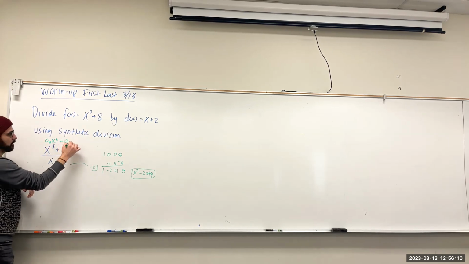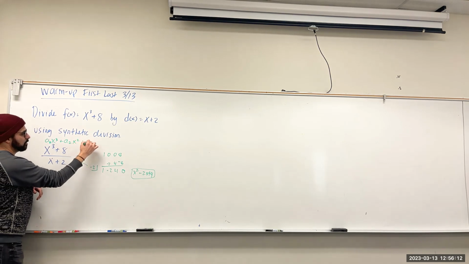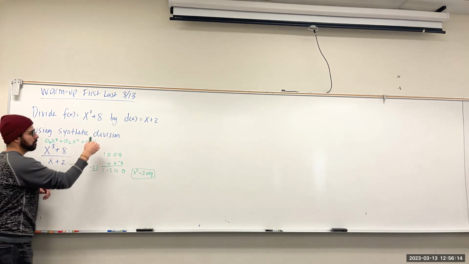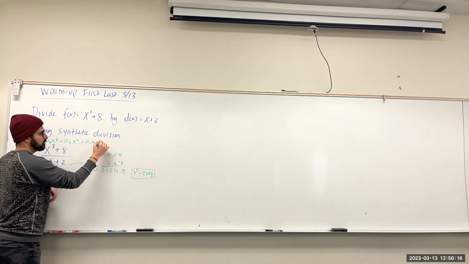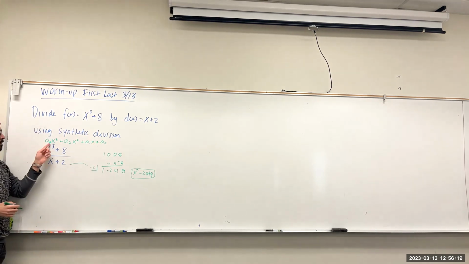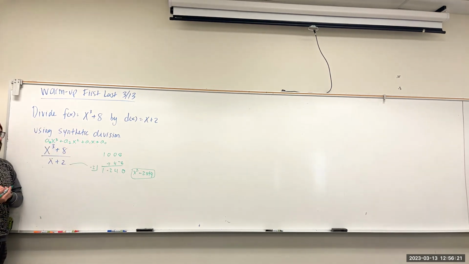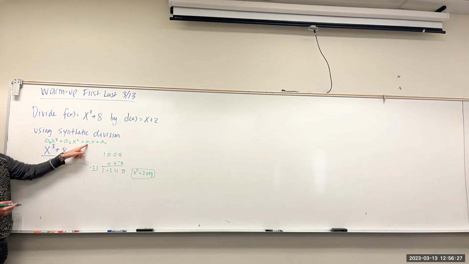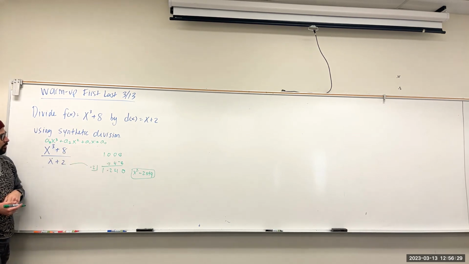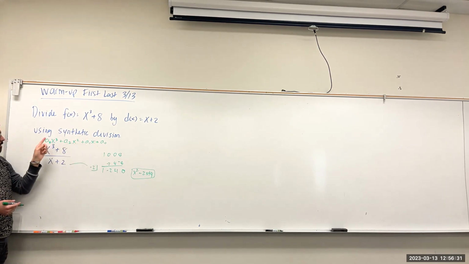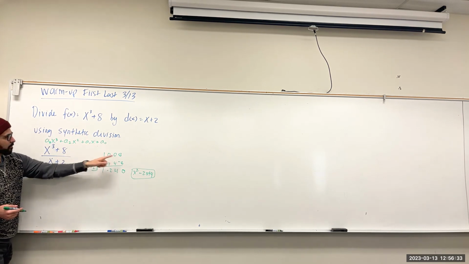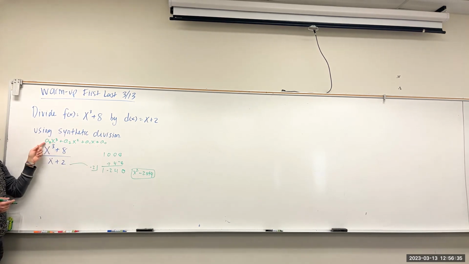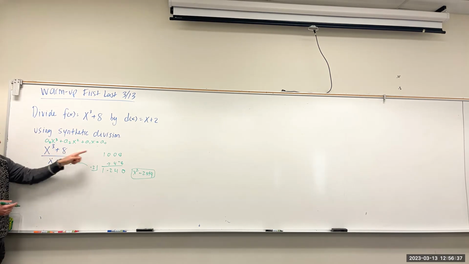There's an x squared term, there's an x to the 1 term, but we don't write the 1, and then there's a constant term. So there really should be 4 terms for a degree 3 polynomial. It only has 2, so it's missing the x squared, which is why we write a 0, and it's missing the x, which is why we write a 0. And then the coefficient of the constant term is an 8. The leading coefficient in front of the x cubed is a 1.